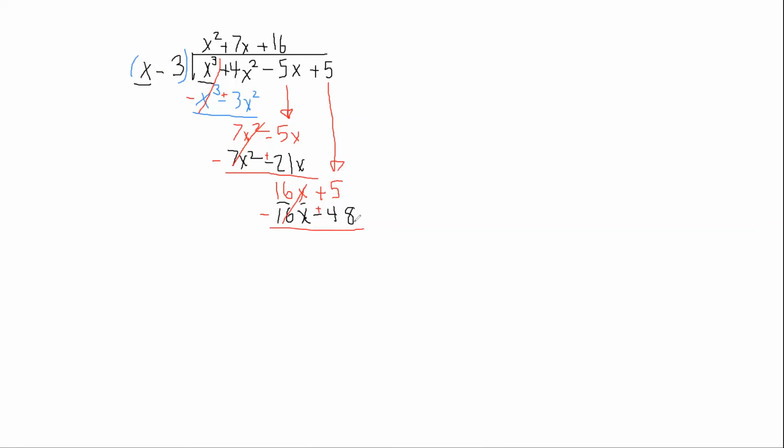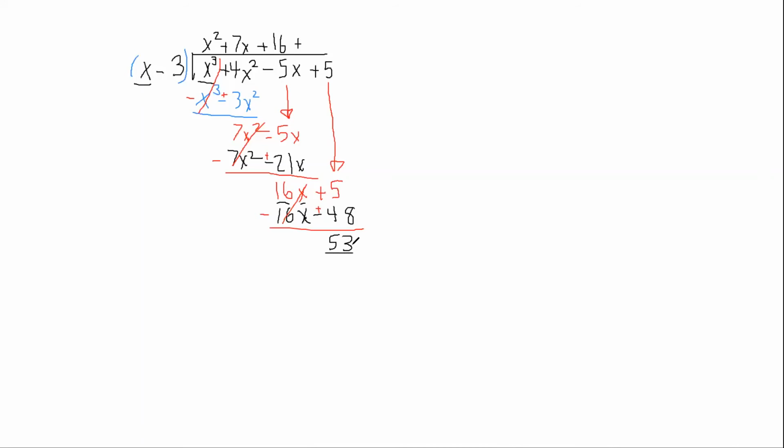So positive 5 plus 48 is equal to 53. Okay, now, since we cannot divide x into the number here, this is our remainder.